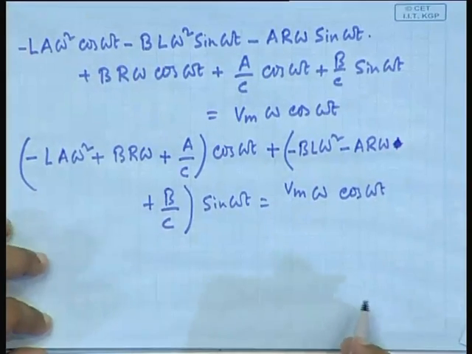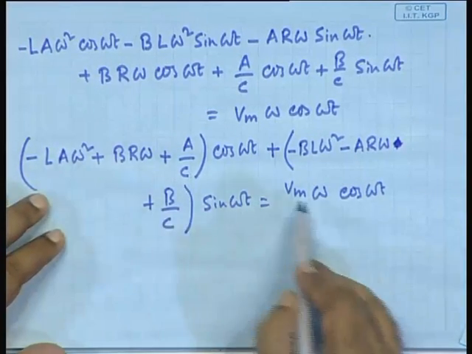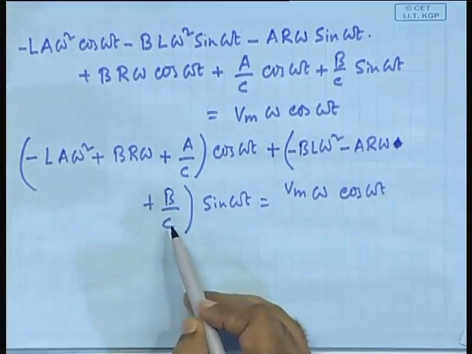This immediately yields this is equal to this and this equal to 0.